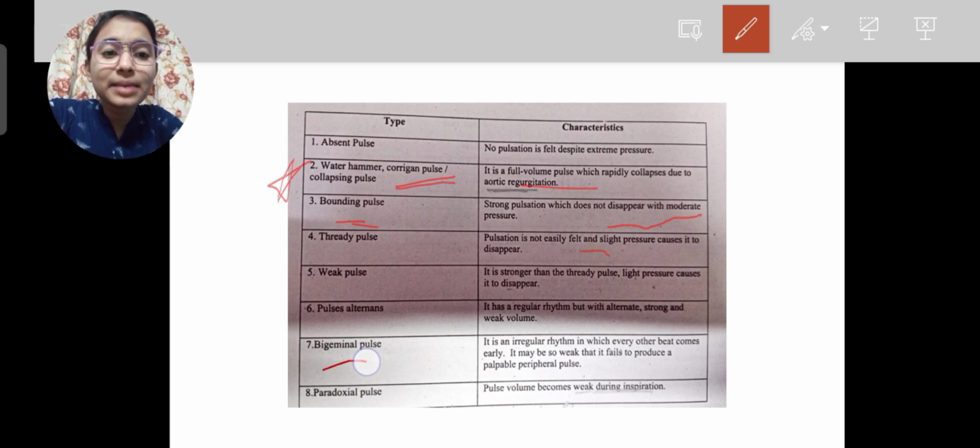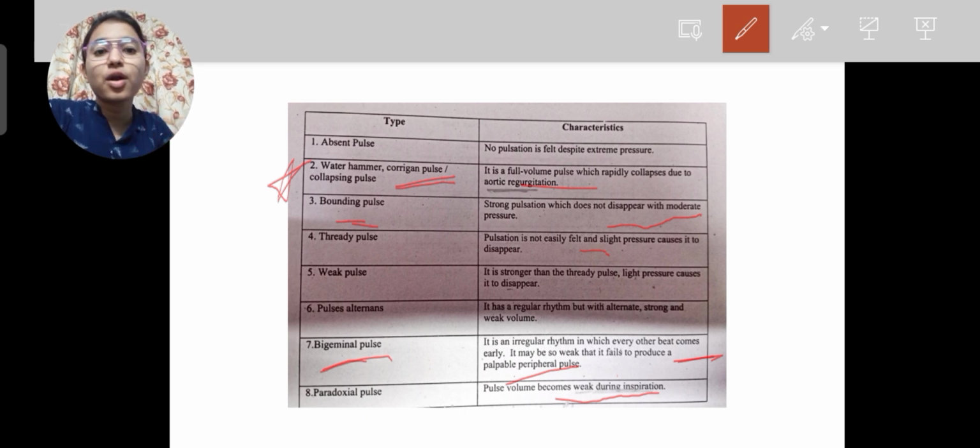Then the bigeminal pulse. Bigeminal pulse is an irregular rhythm in which every other beat comes early. It may be so weak that it fails to produce a palpable peripheral pulse. And the paradoxical pulse, in which the pulse volume becomes weak during inspiration.